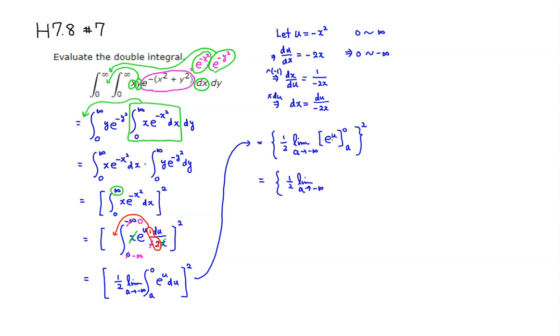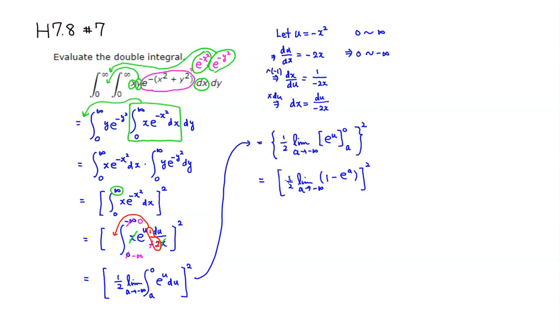Plugging in 0 for u, e to the 0 is 1, minus plugging in a, so we have e to the a. Then I can go back to a square bracket.